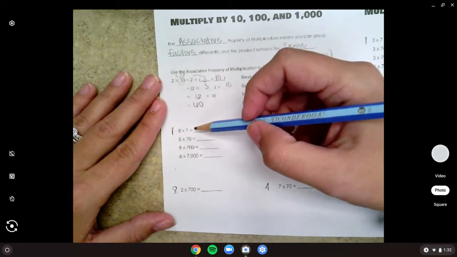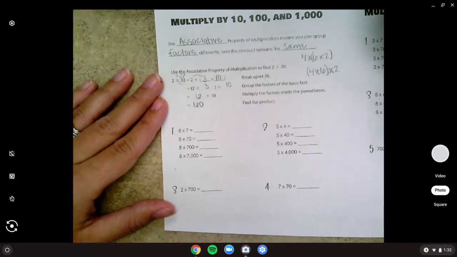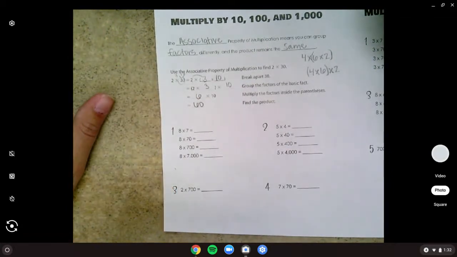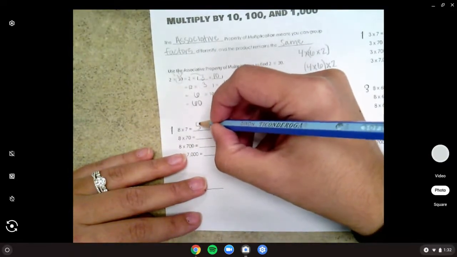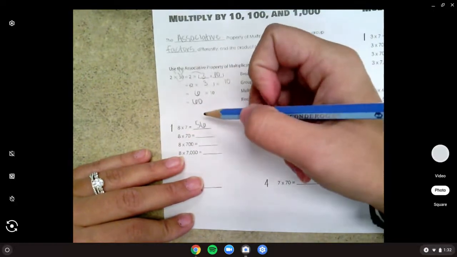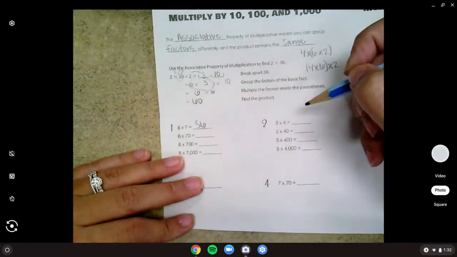8 times 7. I'm thinking through my math facts of 8 times 7. So 8, 16, 24, 32, 40, 48, 56. 8 times 7, I remember, is 56. Now, when I'm doing 8 times 70, I'm looking for that hidden kind of mini math fact like we did up here, 2 times 3.